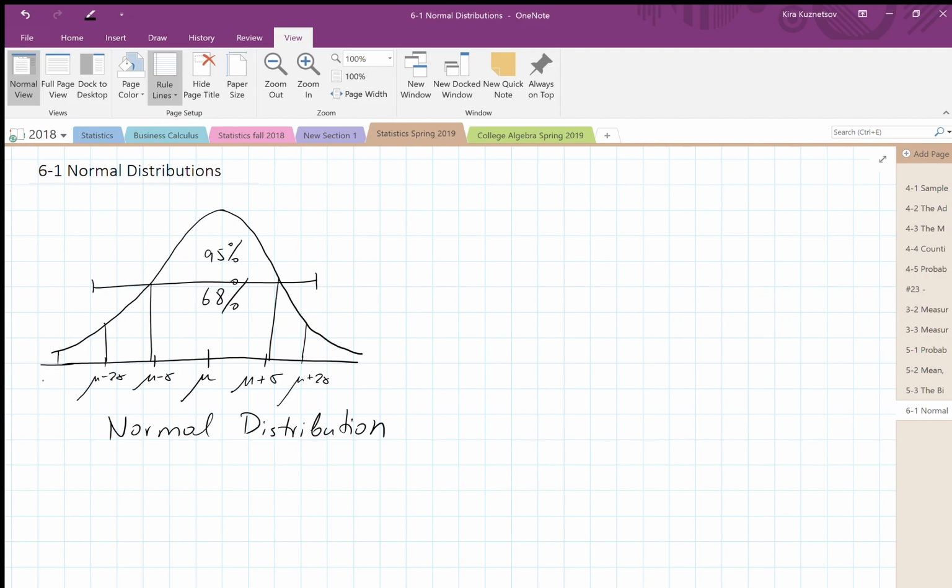And if you move 3 standard deviations away, you will now be at 99.7% of the data set. So this is your empirical rule.